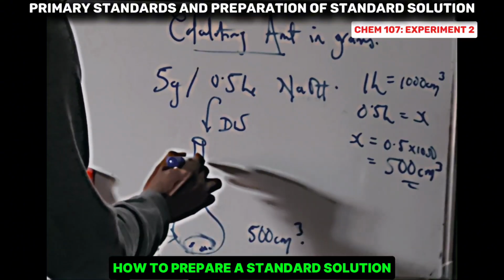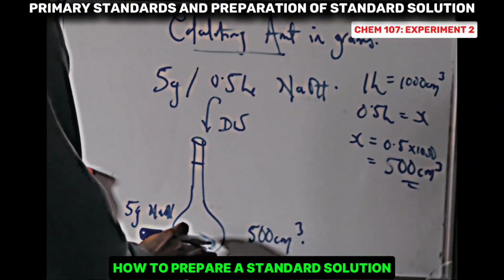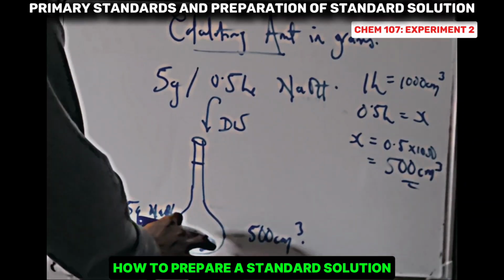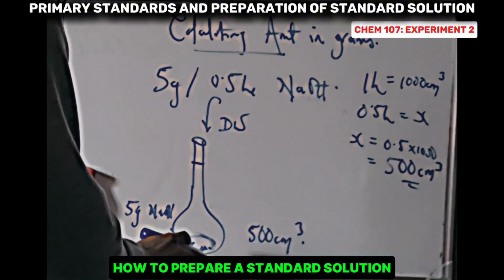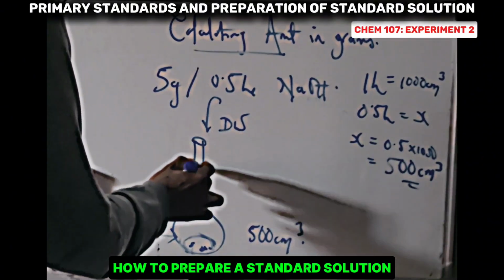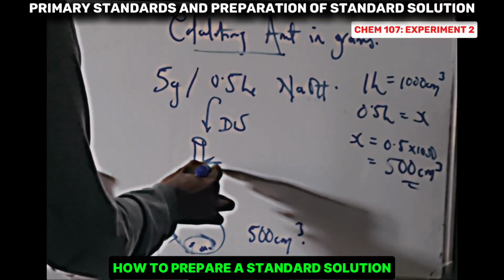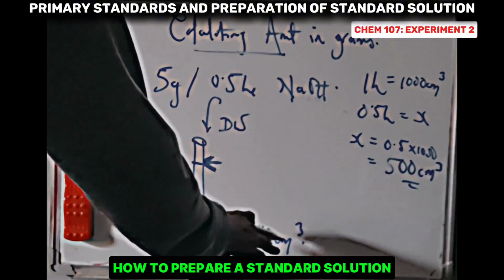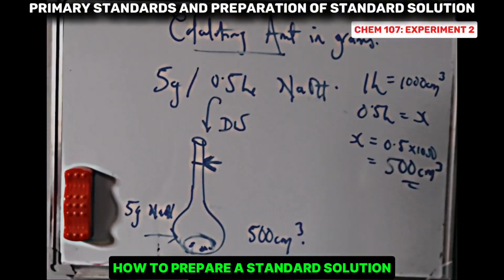The standard flask has a graduation mark. Once you have sufficiently dissolved the 5 gram, not so much that it fills up, you keep adding distilled water till it reaches this mark. Once it has reached this mark, you've prepared exactly 5 gram in 500 cm cube, which is 5 gram in 0.5 liters of sodium hydroxide.